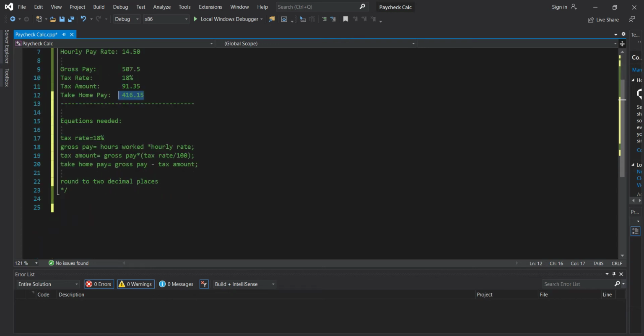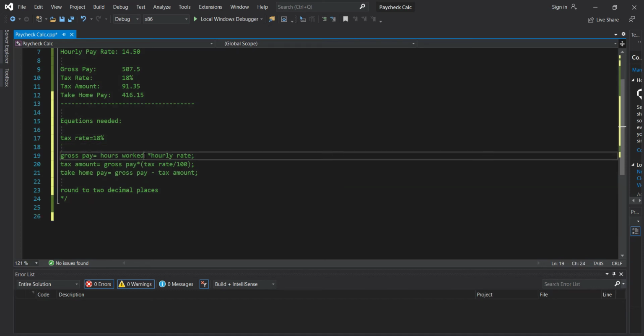So the equations we need. This is not necessarily an equation, but it's useful all the less. The tax rate is going to be 18%. For our gross pay, it is the hours worked times the hourly rate. That's how we're going to find this equation right here.